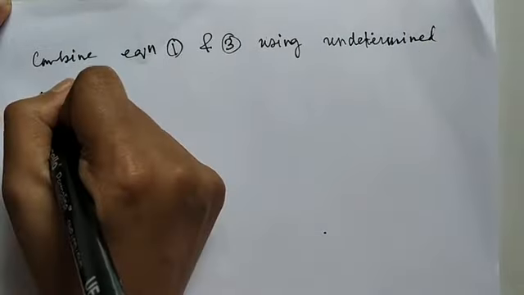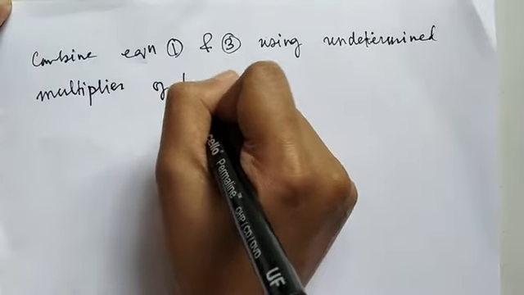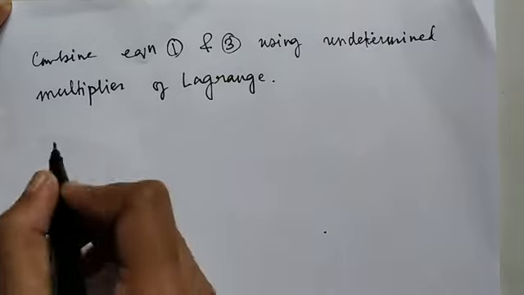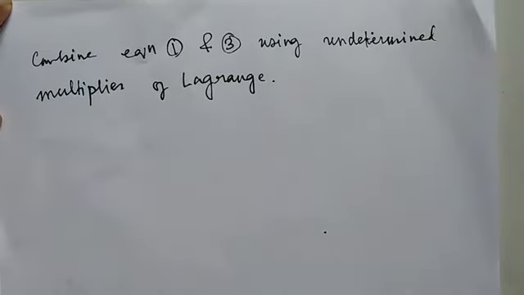That is, we will multiply equation 3 by some unknown quantity and add it to equation 1.